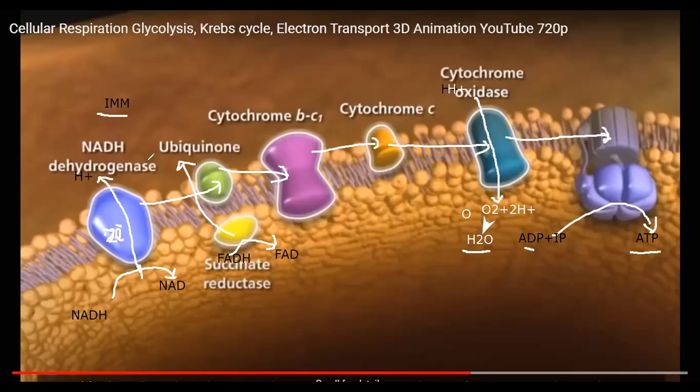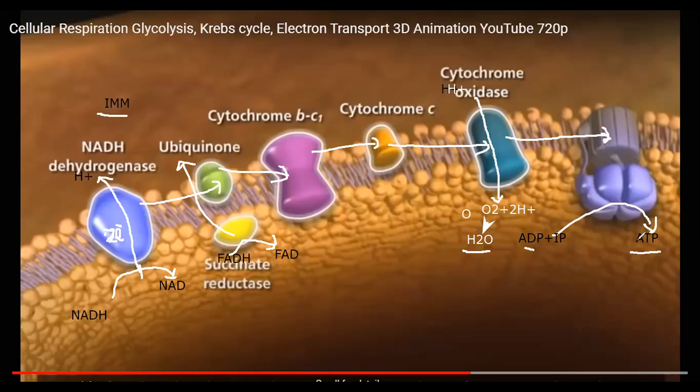The electrons which were released by one NADH molecule are able to produce 3 ATP molecules. One FADH molecule's oxidation is able to produce 2 ATP molecules here.